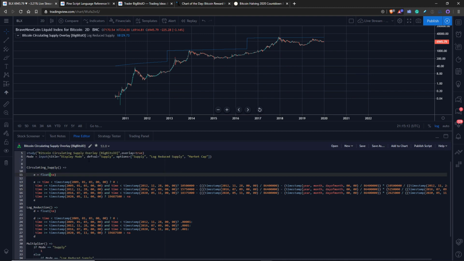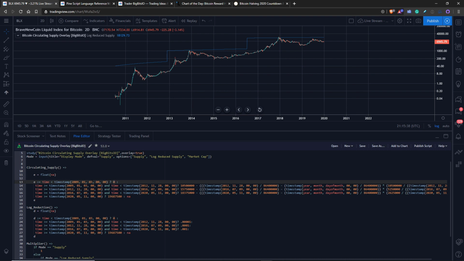So for the circulating supply, and this is where a lot of the hard work came into, we had to first determine where we are, like what halving period are we in. So if we are before the Genesis date, which it happens to be today, 11 years ago, that would mean there were no coins circulating. So we would have to return 0.